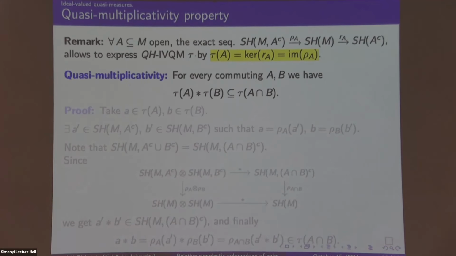And I want to prove that if A and B commute, then the product of their measures is a subset of the measure of the intersection. So let me prove it.